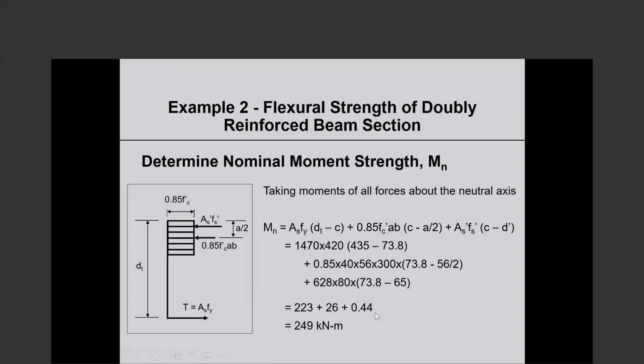And look at this, the compression reinforcement, 0.44 kilonewton meters out of 249. This is typically the case. If you have compression reinforcement, it does not contribute typically a whole lot to moment strength. And things are a lot simpler if we simply neglect the compression reinforcement.